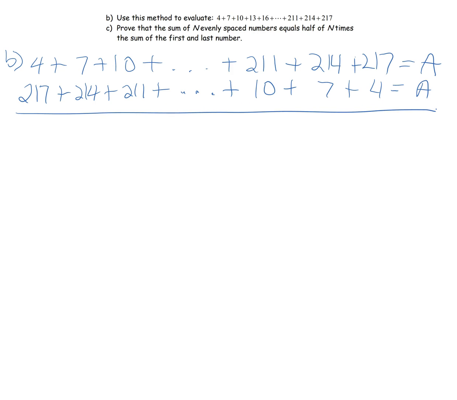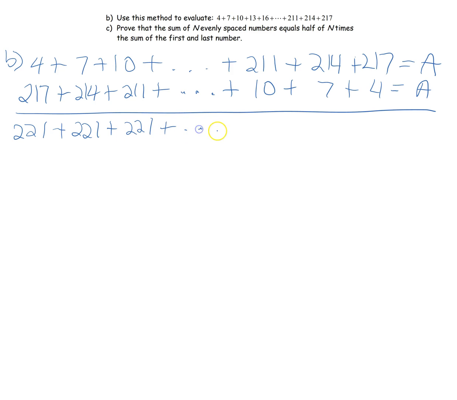So again, I'm just going to add this up in columns. 217 plus 4 is going to equal 221. 214 plus 7 is going to equal 221. 211 plus 10 is equal to 221 again.